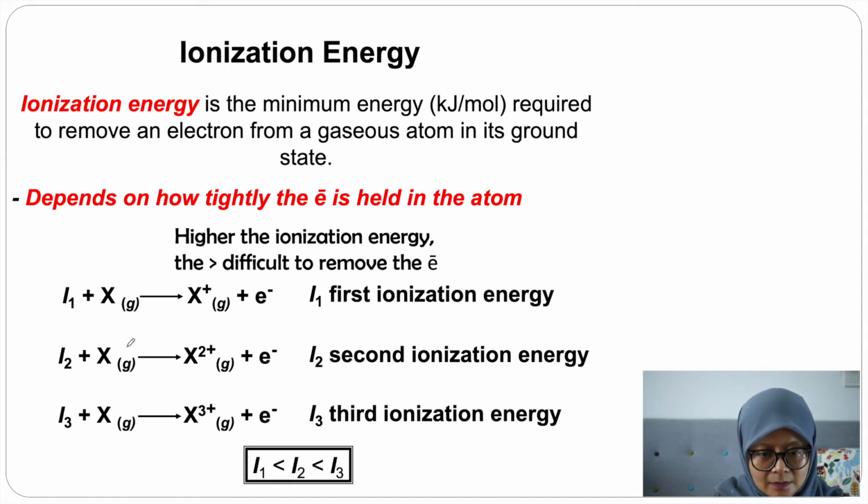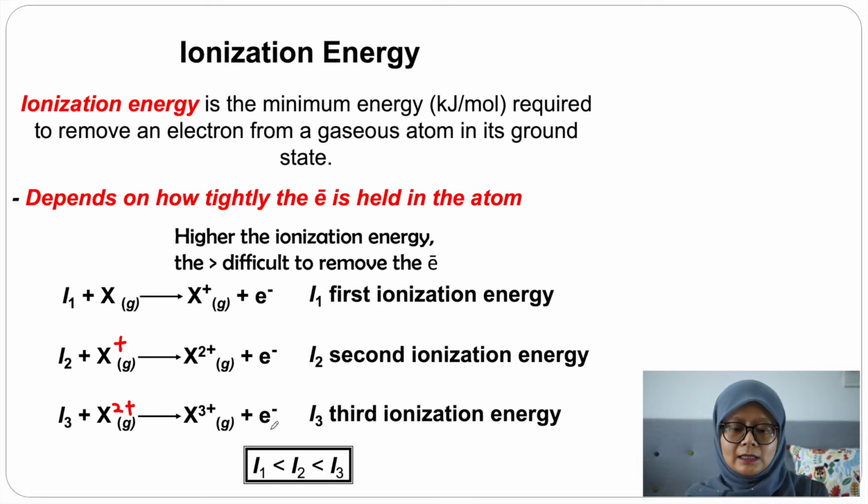Let's say this X plus receives the second ionization energy, it will become X2 plus and remove another electron. Then this should be X2 plus. It receives another, the third ionization energy, and it will become X3 plus and remove another electron.